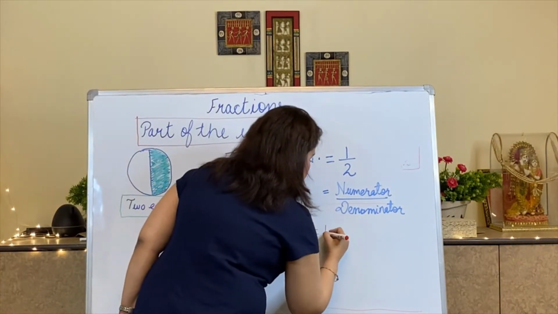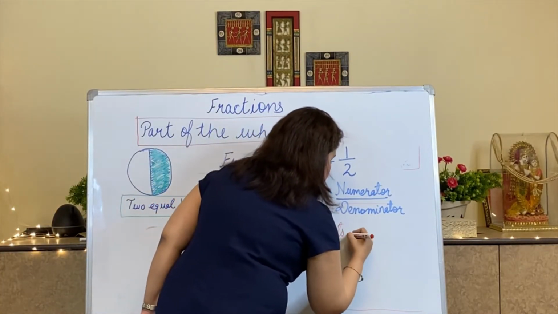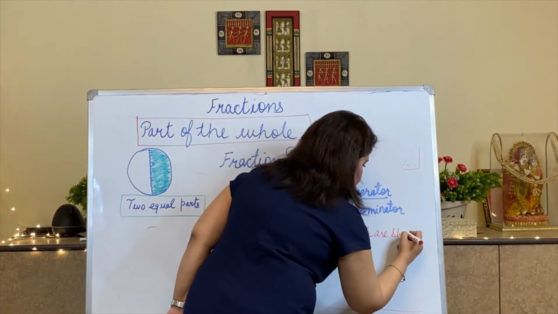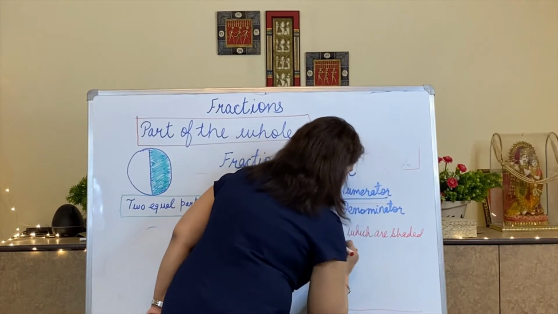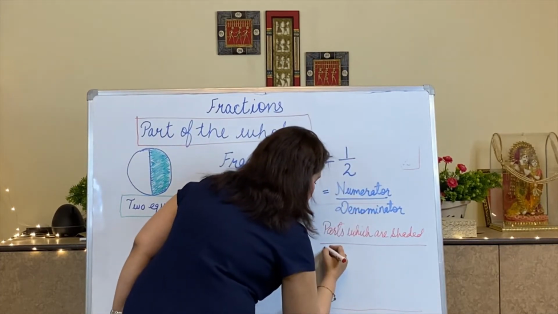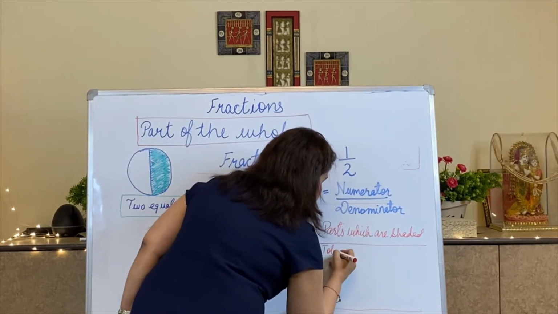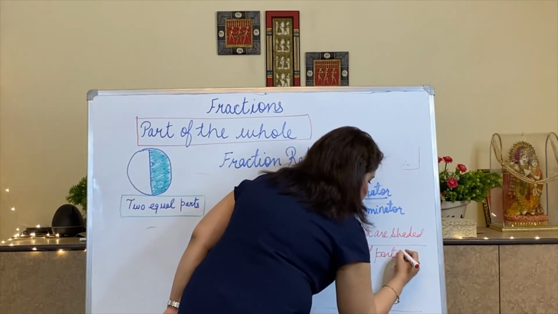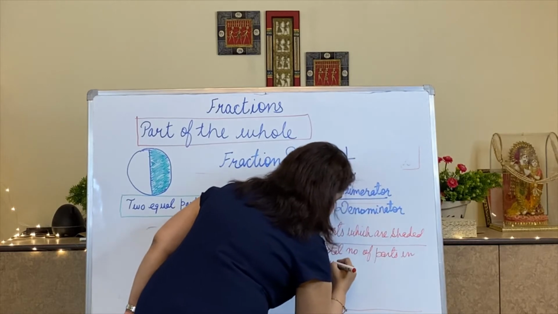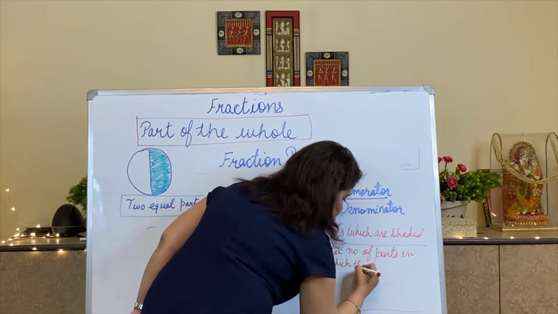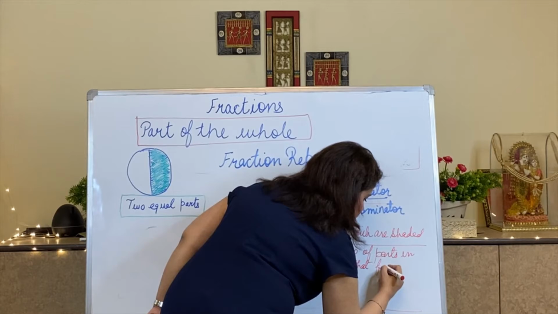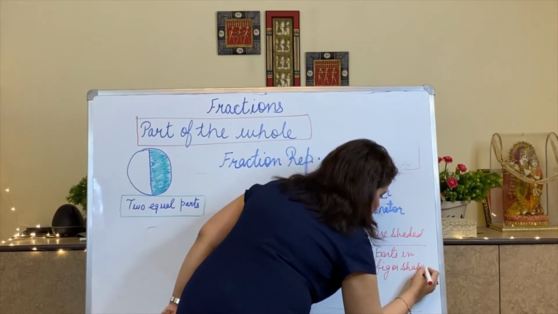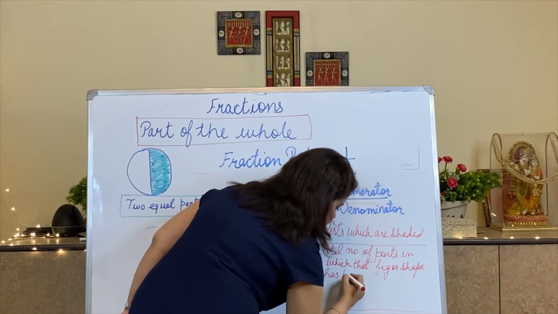Numerator: parts which are shaded, and denominator: total number of parts in which that figure or shape has been divided.